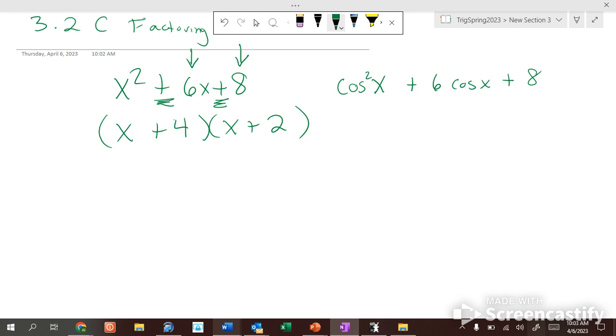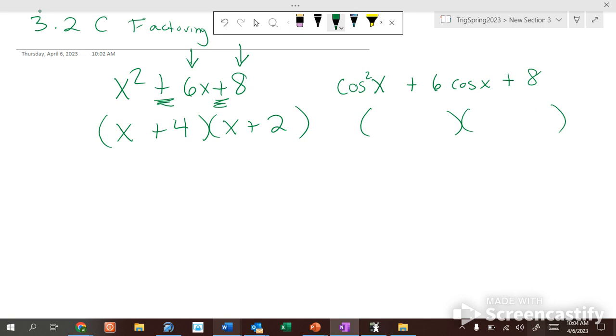It's just like factoring with more normal letters. And if you just have a mental block when it comes to trig factoring, change your sines and cosines to x's and y's. Factor it and then apply it to your trig. Okay?